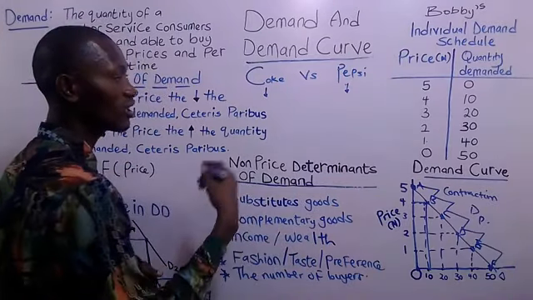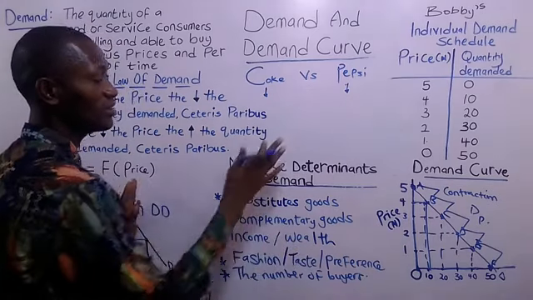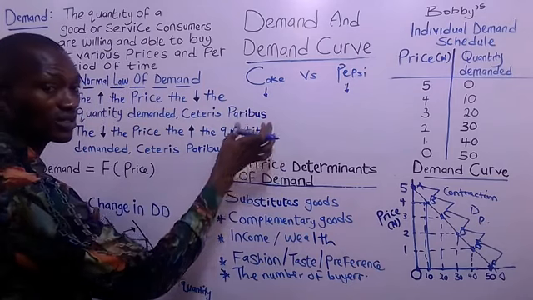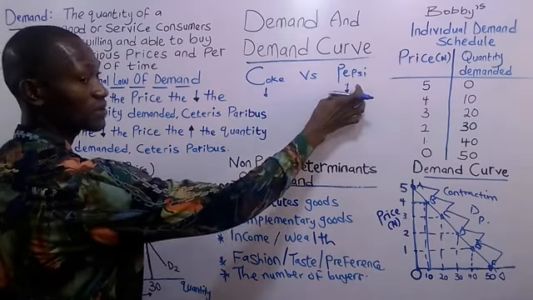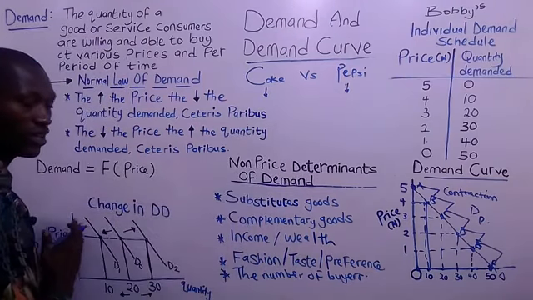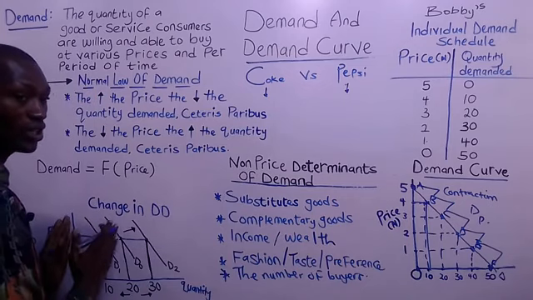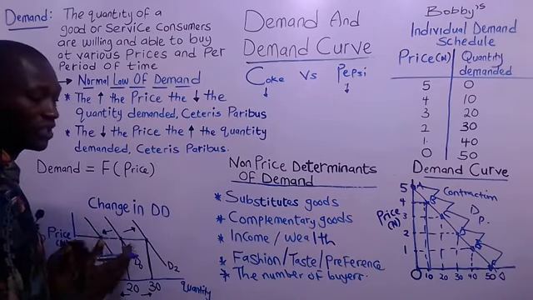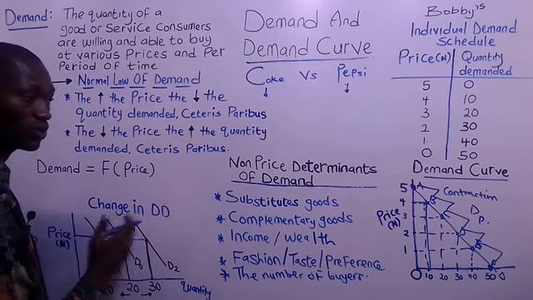That means the demand for Pepsi will shift to the left. When Coke reduces its price, the demand for Pepsi will decrease, and that means the demand curve for Pepsi will shift to the left.